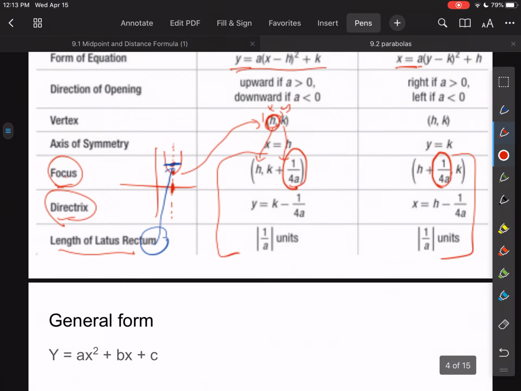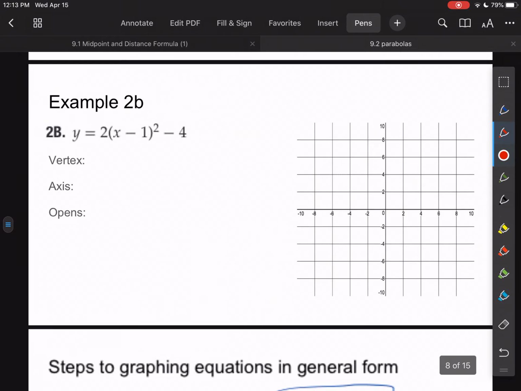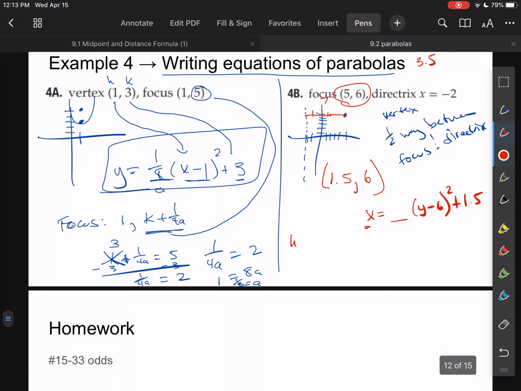I'll just refer to the chart. So the focus, when you have an x equals, is h plus 1 over 4a, comma k. I know h, I know k, so I can solve this for a. k is equal to 6, and h is equal to 1.5.